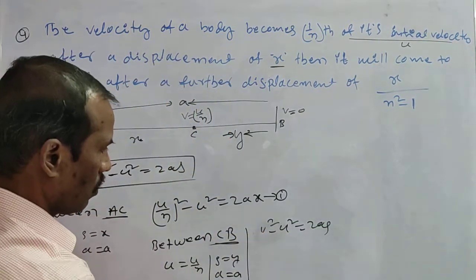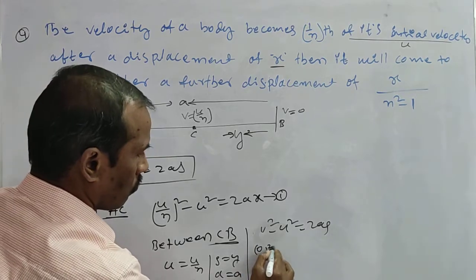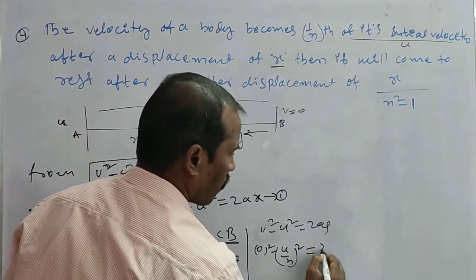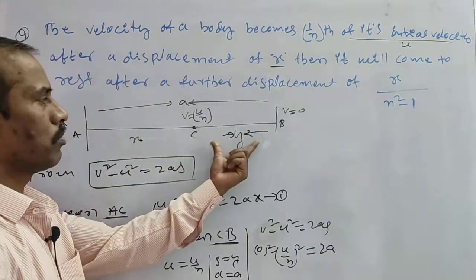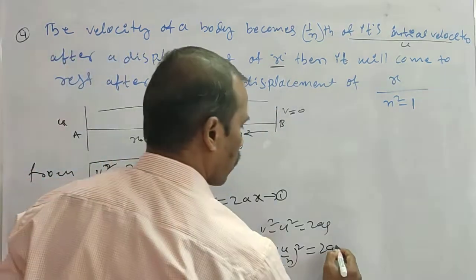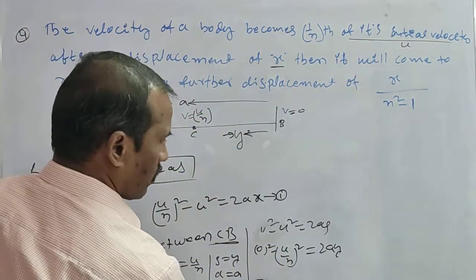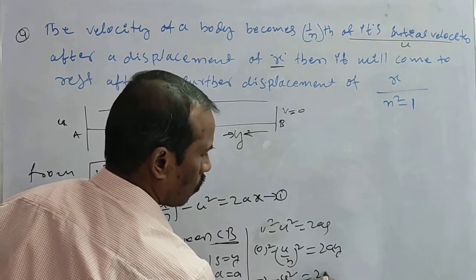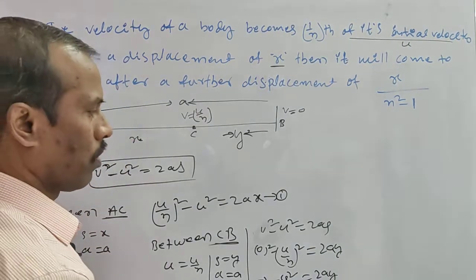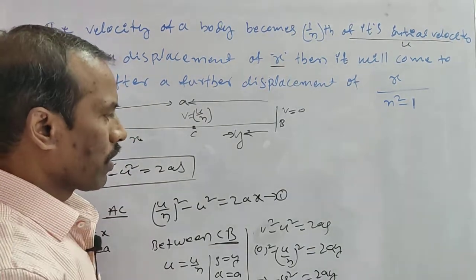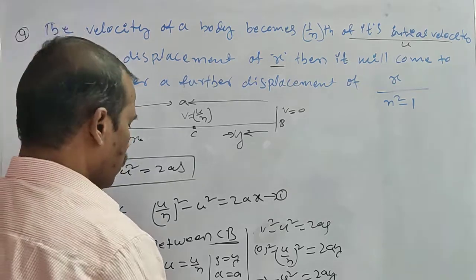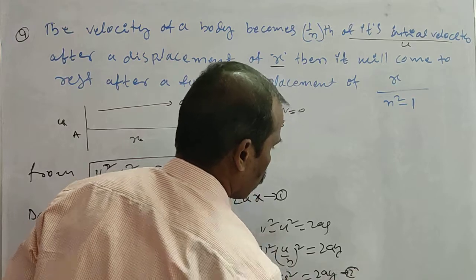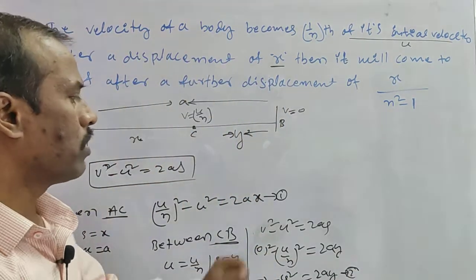Here v is 0, minus the initial velocity (u by n) squared is equal to 2a, and s is equal to y, the displacement of the particle to reach the point B. Simplifying, minus u squared by n squared is equal to 2ay. This is equation 2, and the previous one is equation 1.